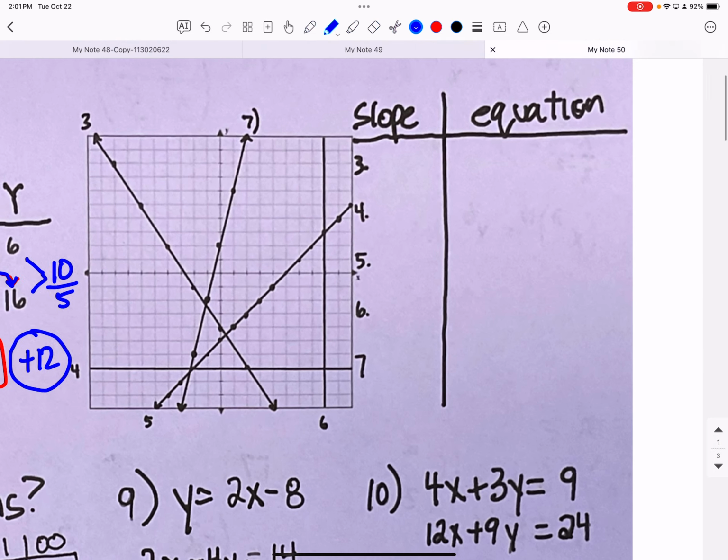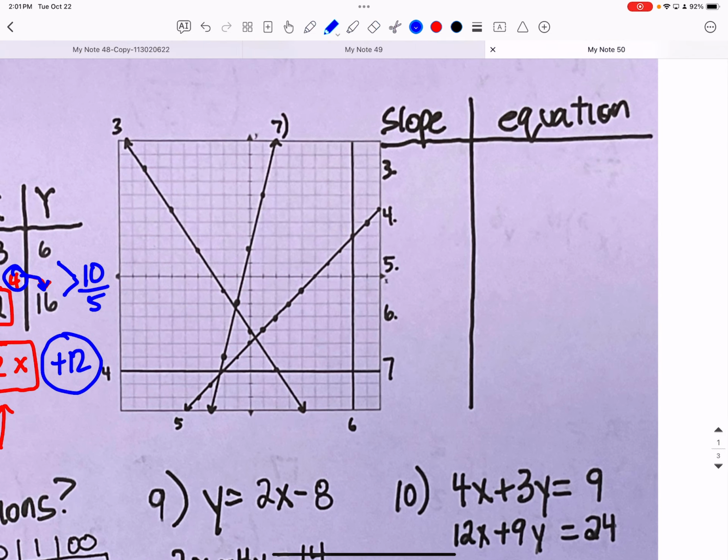Okay, slopes. I'm just going to go through really quick. First thing I could say, 3 is going down as it goes to the future. 3 is going down. 4 is going up. 5 is go... Did I do this again? Oh, okay. Nope, 4 is not going up. Wrong line. Okay. 3 is going down.